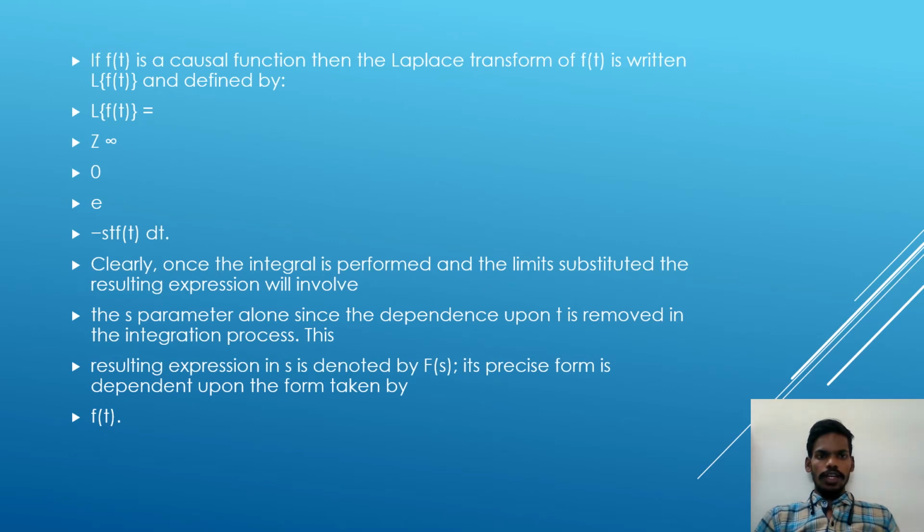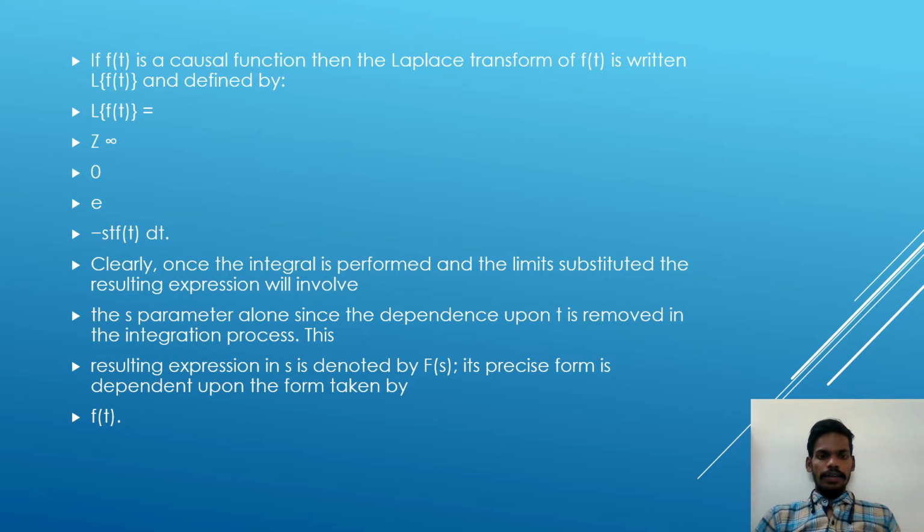If f of t is a causal function, then the Laplace transform of f of t is written L of f of t and defined by L of f of t equals the integral from 0 to infinity of e to the power of minus st times f of t dt.